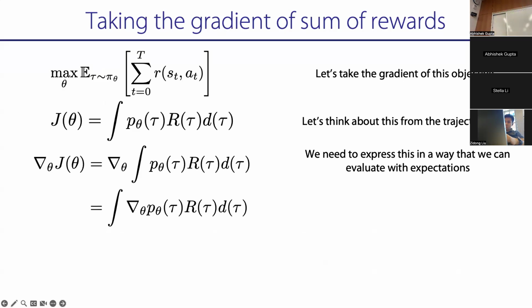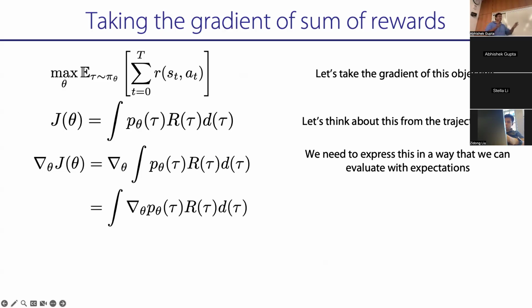Basically, that objective is saying maximize the expected sum of rewards under your policy and your dynamics. We're going to rewrite that with a shorthand which says, take the integral of the likelihood of a trajectory times the reward of a trajectory over all trajectories, right? Then I'm going to take the gradient of it. The gradient goes inside. The gradient hits p theta tau, not r tau, because p theta is the thing that depends on theta. Now, this thing is not an expectation. That's the problem.